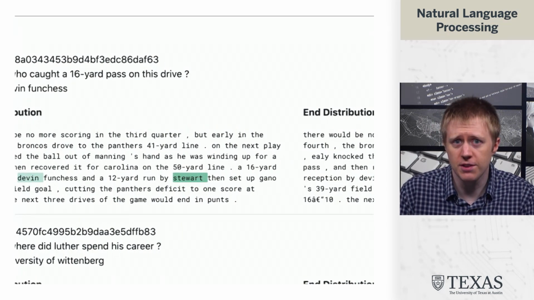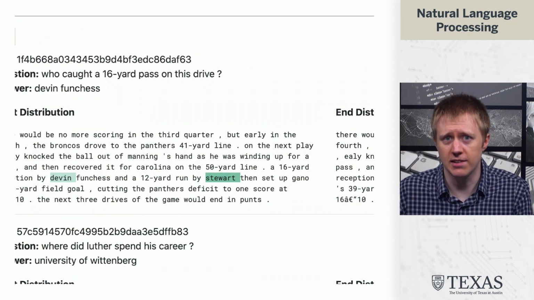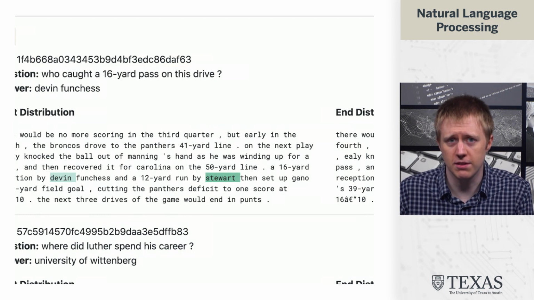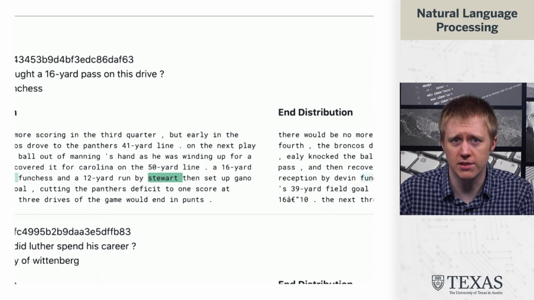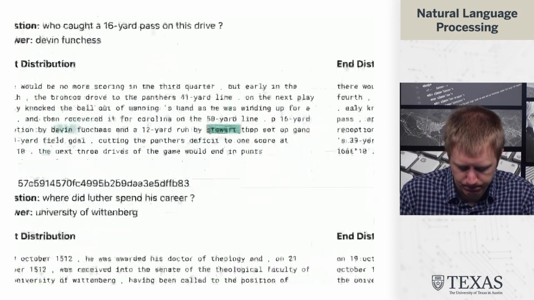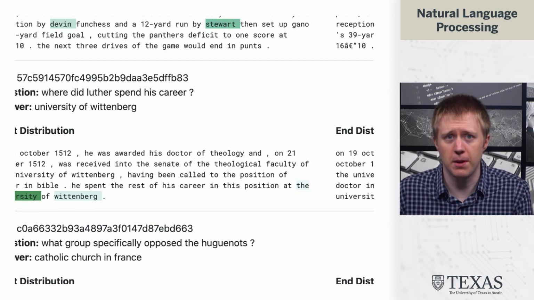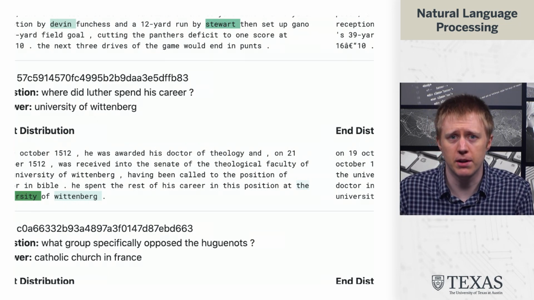The model got this one wrong. But you can see that even though it was wrong, it at least zeroed in on people in the right sentence and, with the combination of these span start and end distributions, was placing probability mass in reasonable places. All right, let's look at one that works a little bit better. Where did Luther spend his career? University of Wittenberg.